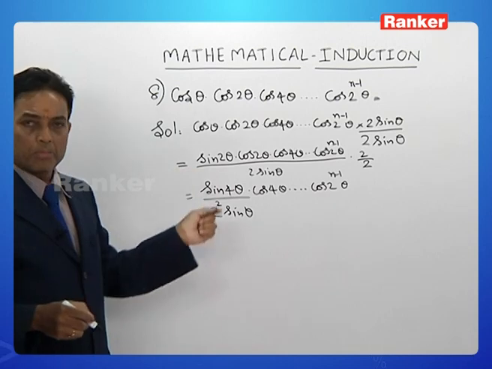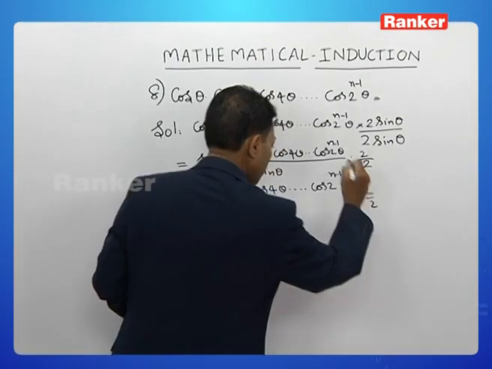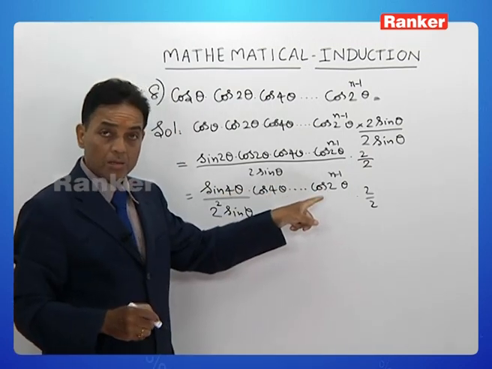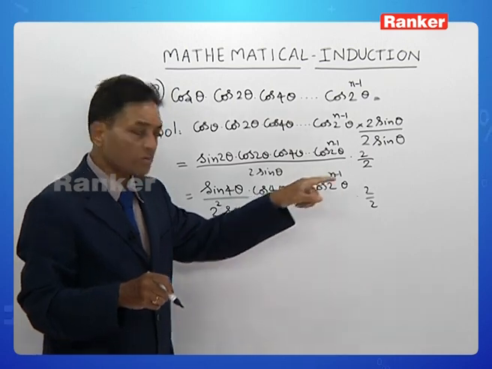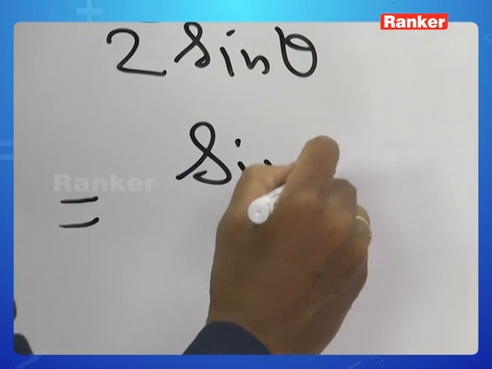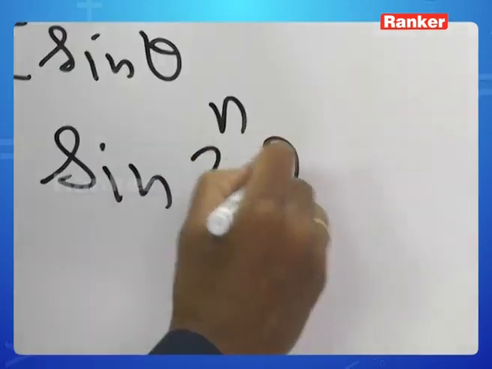Now onwards you multiply and divide by 2 again and again. If you do so on, finally you get sin 2 into 2 power n minus 1 theta, that is 2 power n minus 1 plus 1, sin 2 power n theta.